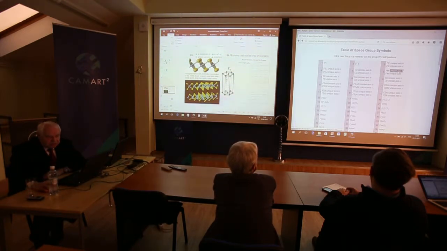And now begin the jokes of crystallographers. Unique axis b, unique axis c, and so on. Because you understand that this translation, which is orthogonal to the plane of the 2 other vectors, can be b or c or even a. I don't know why they do not use a.